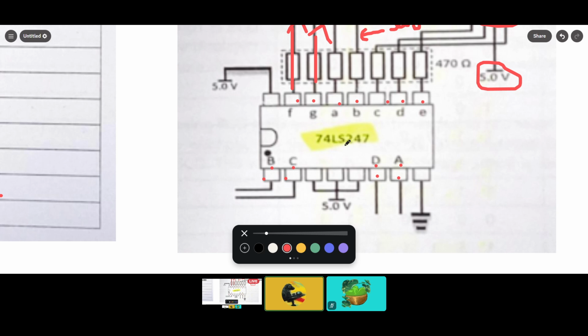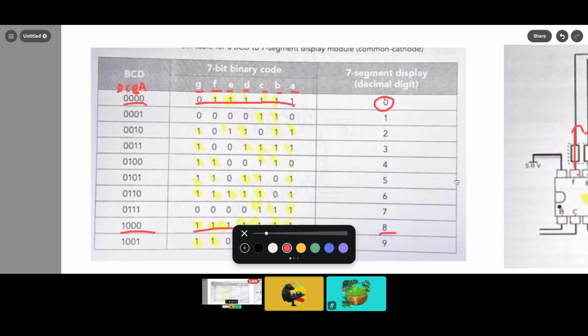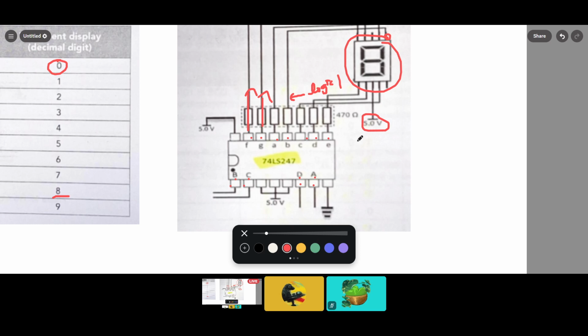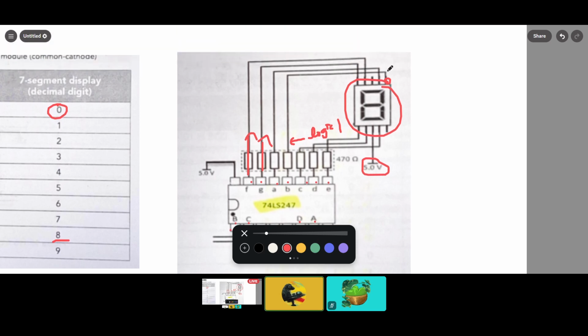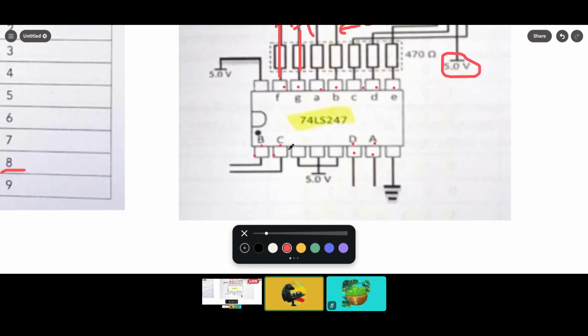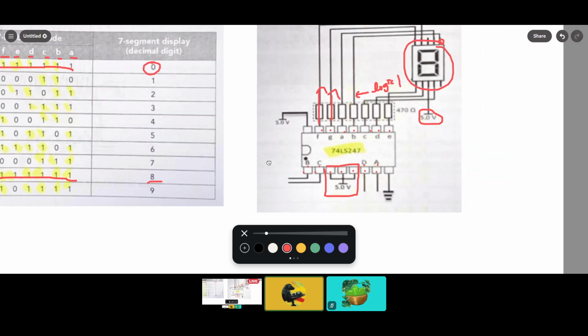You just need to remember the least significant bit is always A in here, and the output of the 7-bit binary code will ground the pins if it is high or logic 1. And you can note that these 3 pins are tied to high voltage. You don't need to know why.